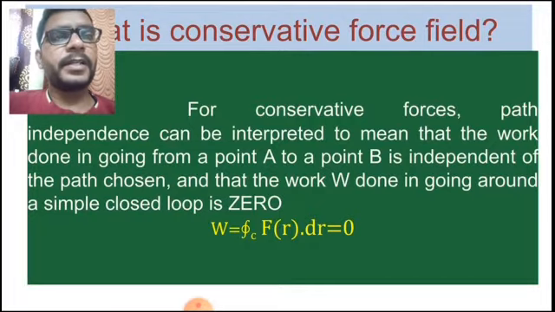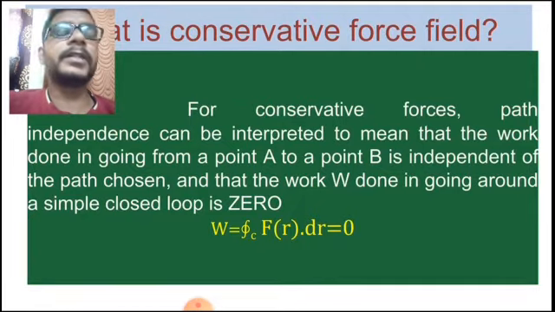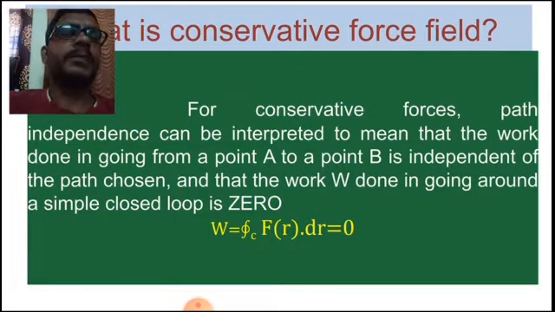See, especially in this field, if you are going from point A to point B, some work is done, right? When the force is applied on the particle or object, when it is moved from point A to B, some work is done. Then after, when the particle moves from B to A, some work is done.